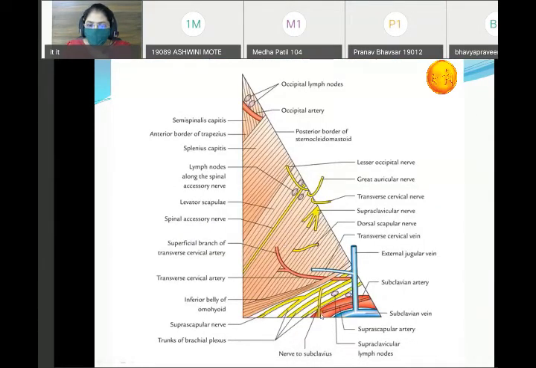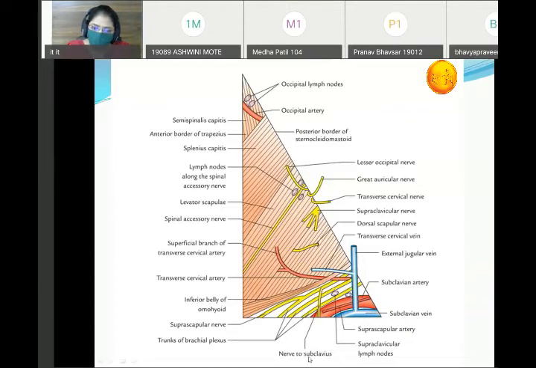Here you can see the subclavian artery, then the subclavian vein, and its tributary, the external jugular vein. Then you will see the trunks of the brachial plexus: lower trunk, middle trunk and upper trunk.